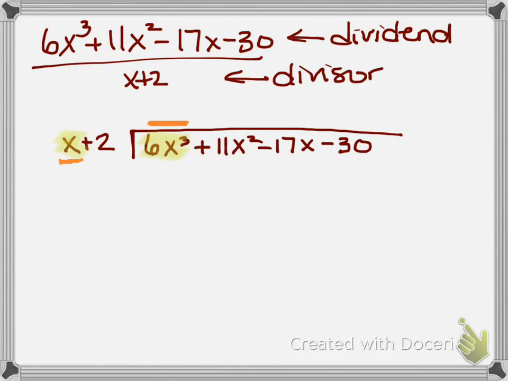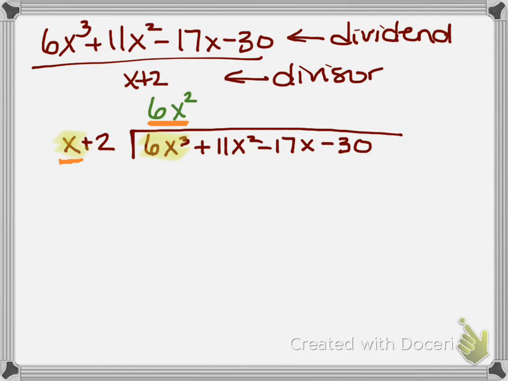What would that be? It has to be 6 so that I get 6x. And x times what makes x to the 3rd? That answer is x squared, because x times x squared gives me x to the 3rd.